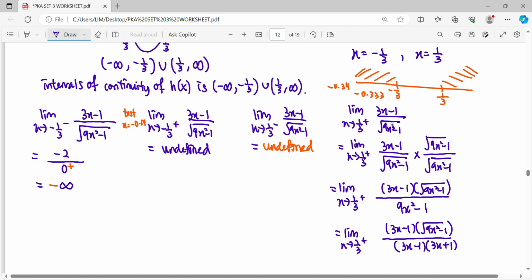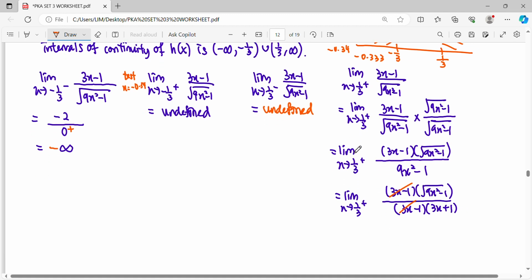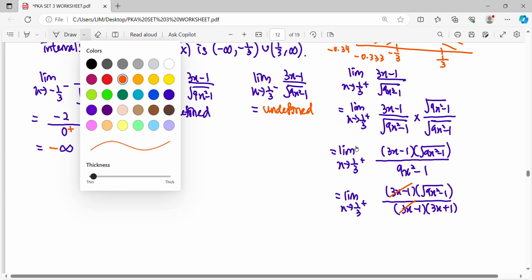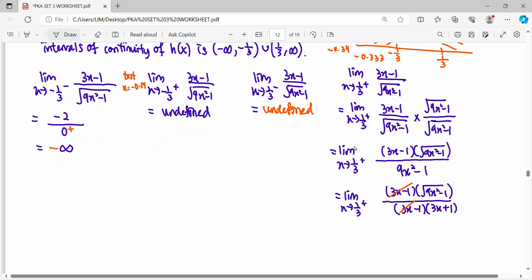And you can notice that this IDF form can be simplified, can be cancelled. Then we substitute again and see. Denominator 2, numerator 0, 0 over 2, 0.